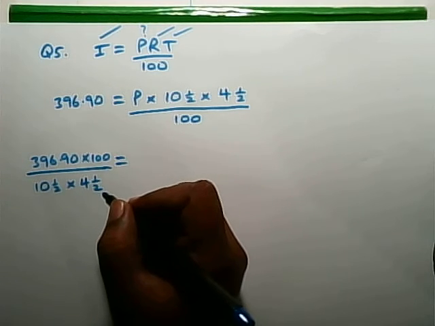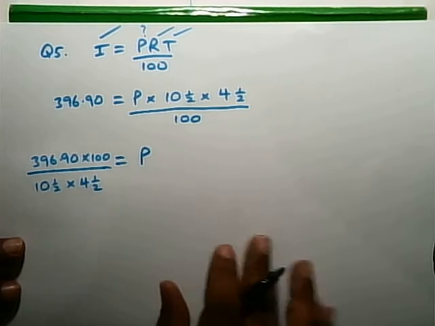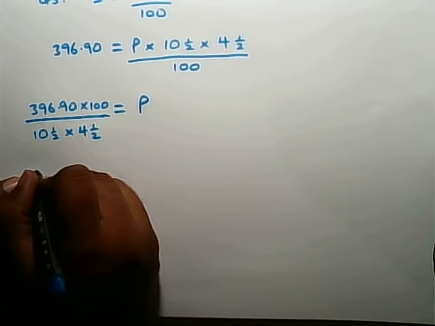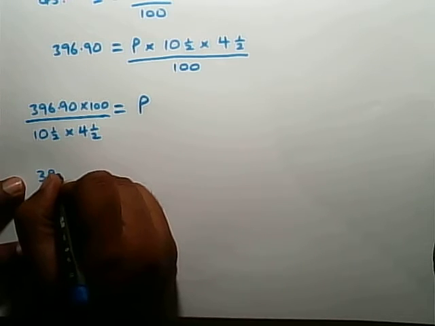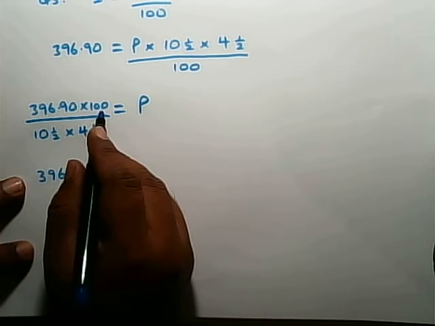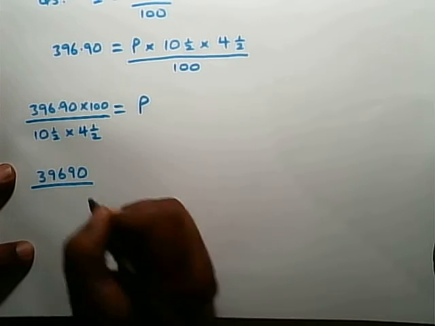As I say, you could use 10.5 and 4.5 if you want. Let's use decimals to get you acquainted with them. 396.90 times 100, you'll get that number on top.